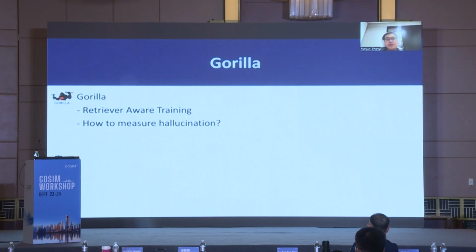One is called retriever-aware training, and the second is how we can measure hallucination of GPT-4 in this specific setting. In general, measuring hallucination for GPT-4 or for any language model is very hard. But for this specific setting, we can provide a way to measure it. I'll get to talk about that later.